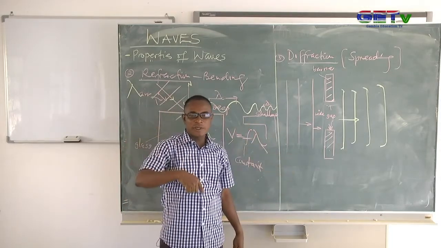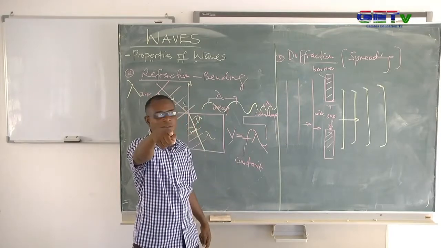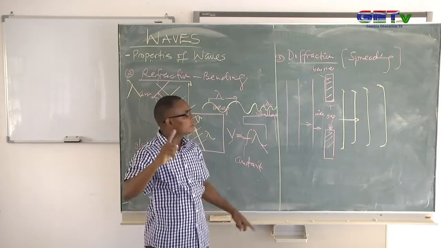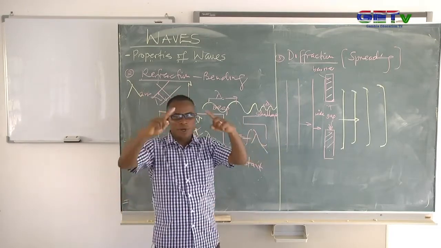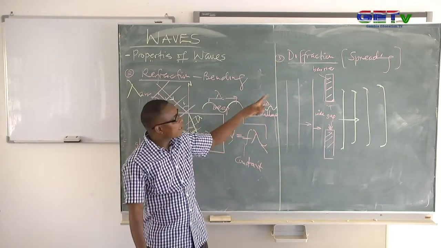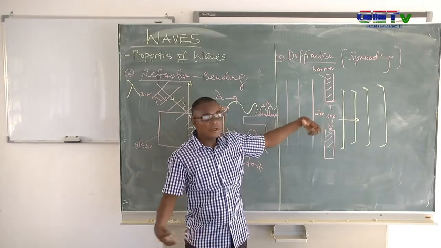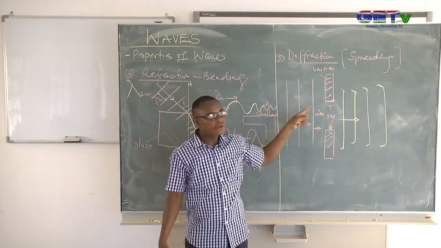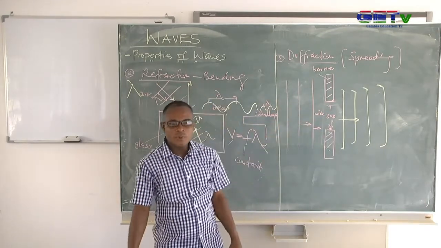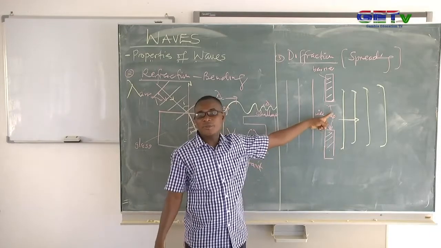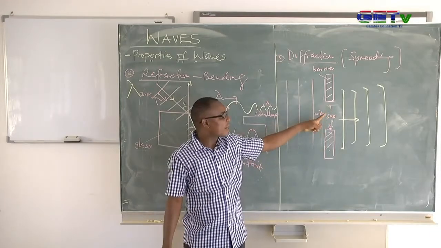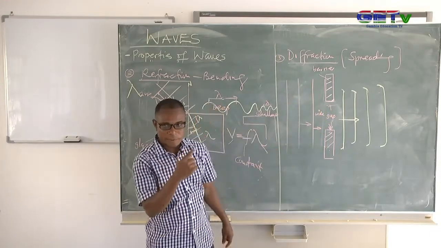When you shout here, the wave reaches the dining room with little or no spreading because the gap is wide. So when the barrier's aperture, which is the gap, is wide, the wave will suffer little or no diffraction. So remember that for the objective questions.